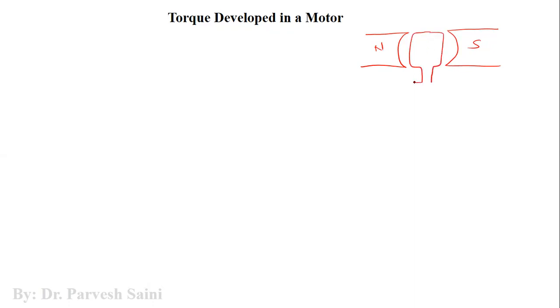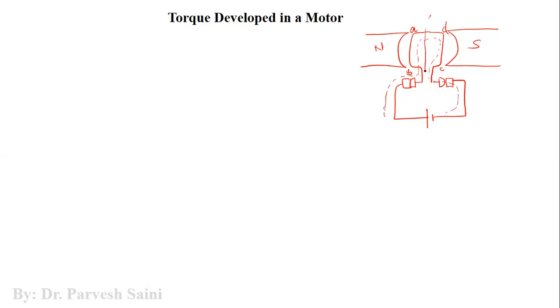Then we have some split rings, then brushes, and then a supply. So if you see, the current will be flowing like this. Let us say these are A, B, C and D. The current is flowing like this.